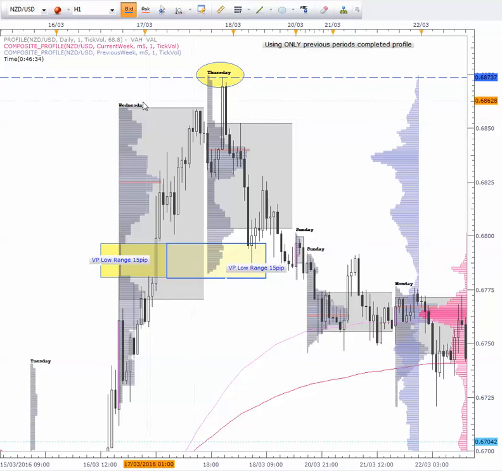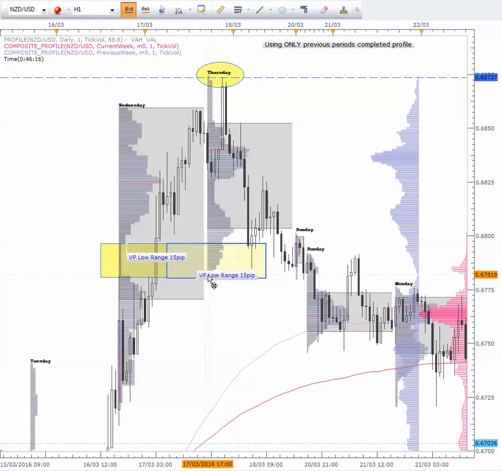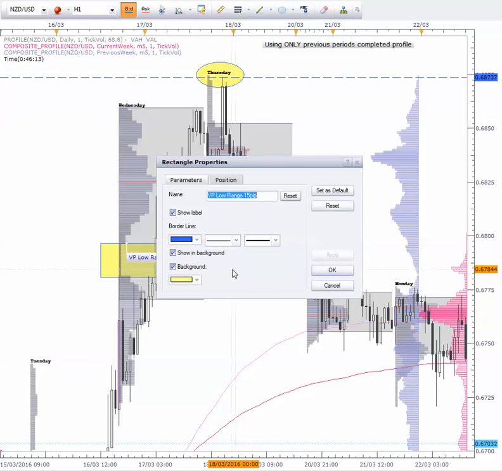And I look at the previous day's profile and I say, wow, if and when price gets into this thin volume area, then that's a low that I want to buy. So this will now be ID'd low, buy area.